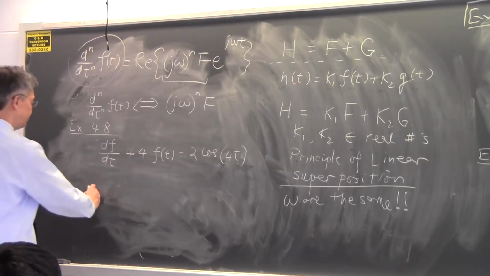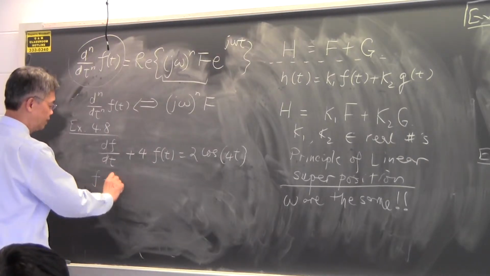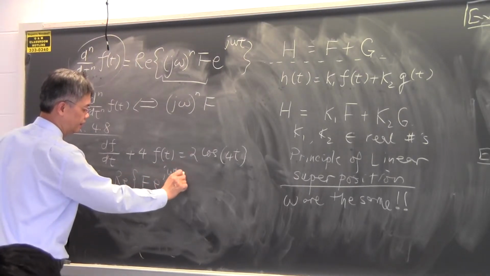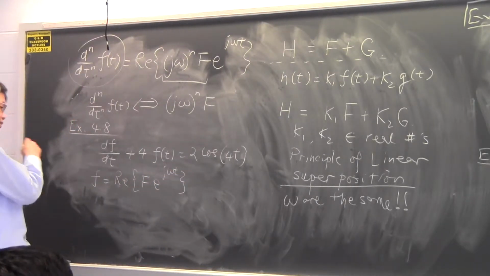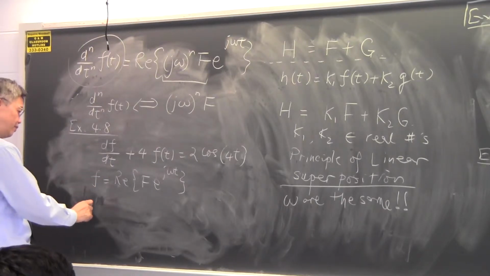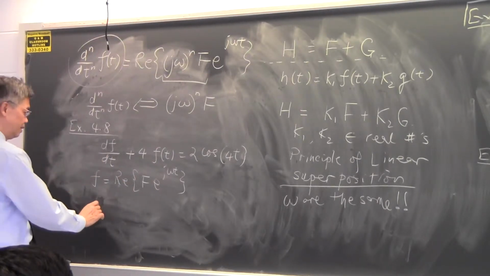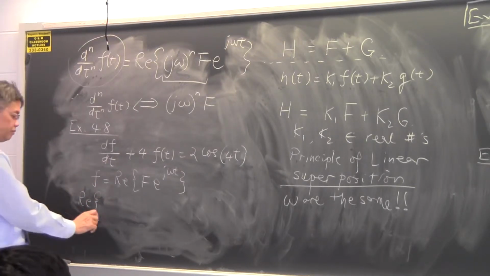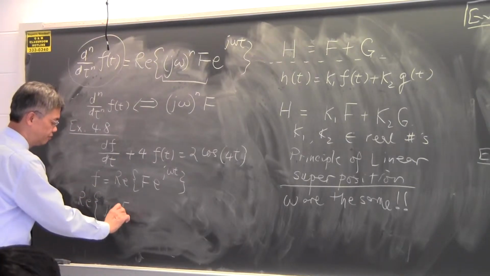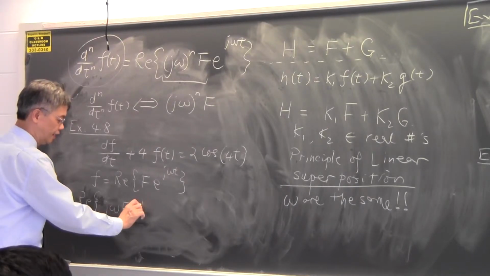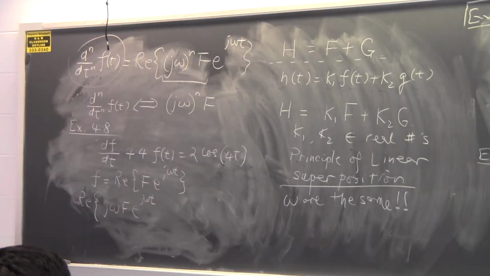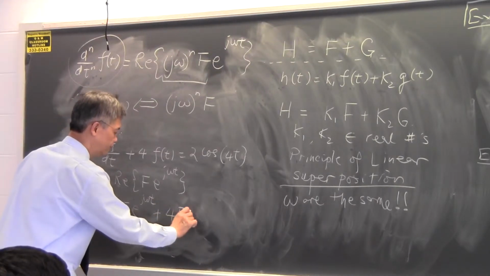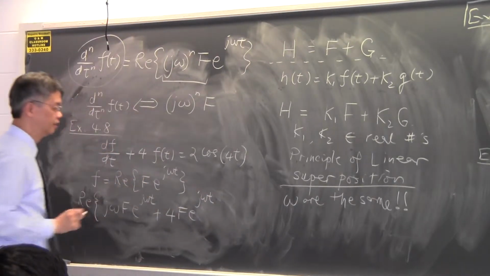If I were to let f be the real part of f e to the j omega t and substitute this into the first equation, the first term would be the real part of j omega f e to the j omega t, and then the second term would be 4f e to the j omega t.